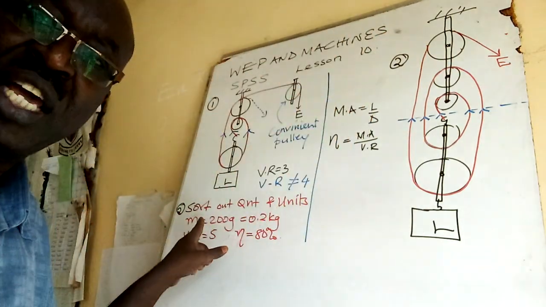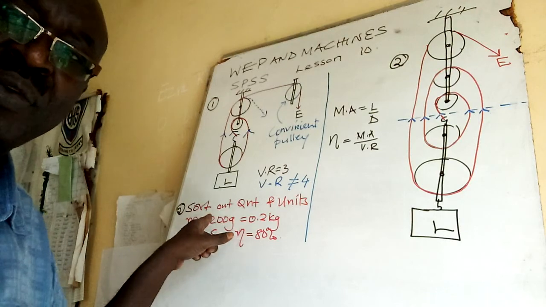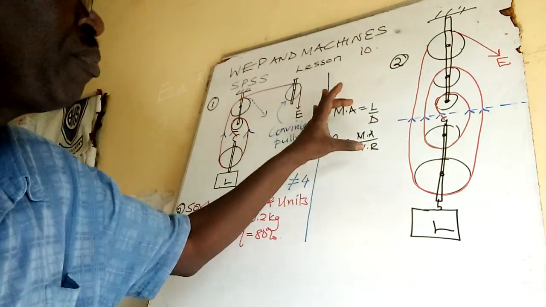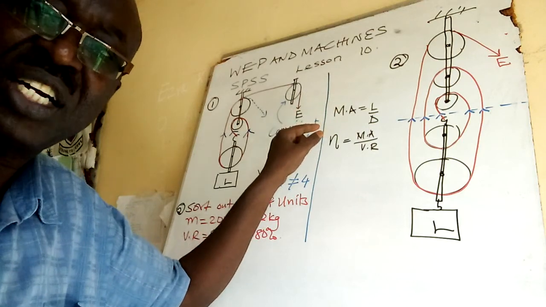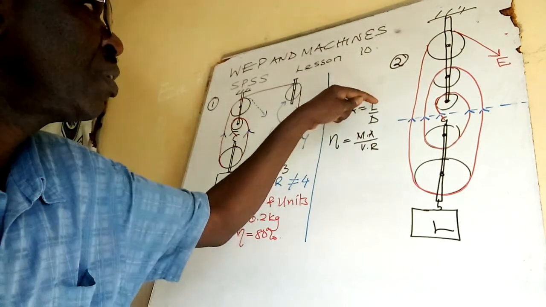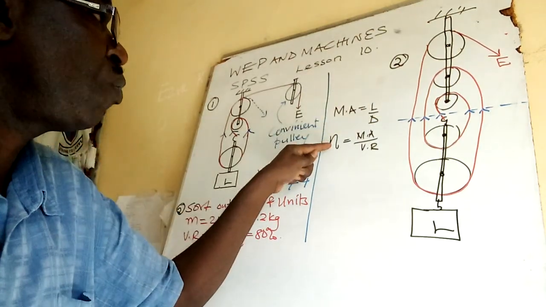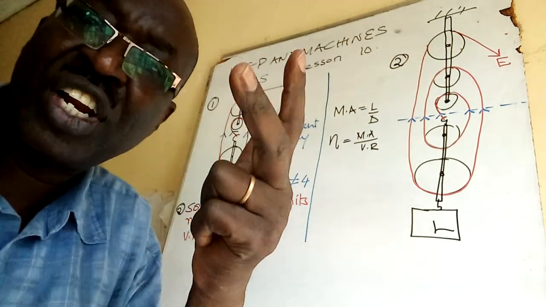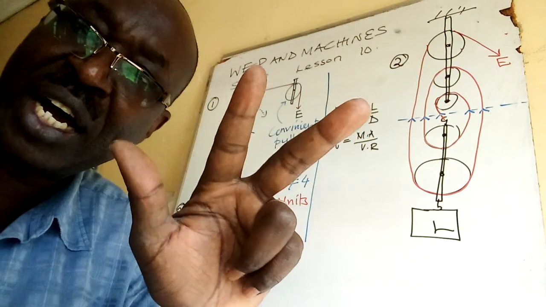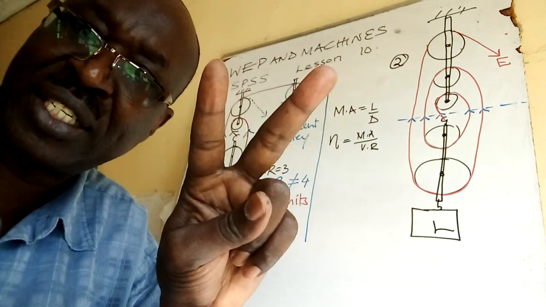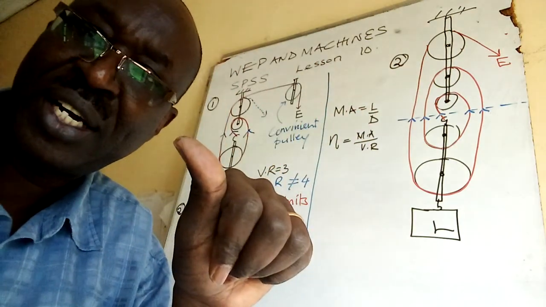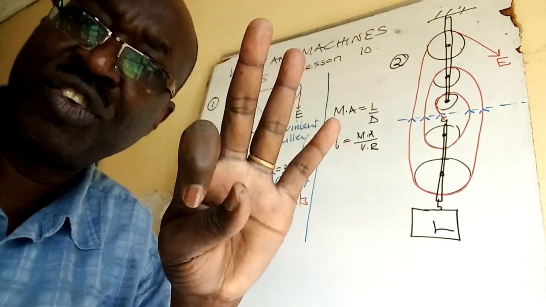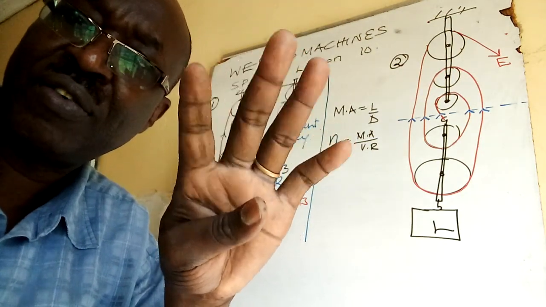Now, the information you had will tell you which one you can use. In both cases, you have a 3 quantity formula: 1, 2, 3. Even here, 1, 2, 3. A 3 quantity formula requires 2 quantities for you to get the third. If you have a 4 quantity formula, you need 3 so that you get the fourth.